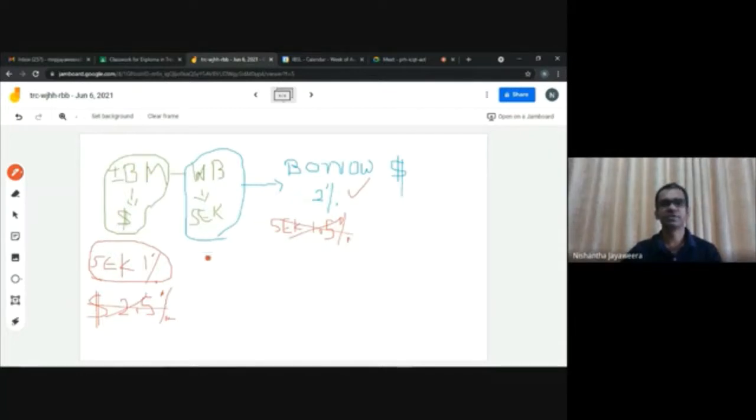So then why don't they exchange these flows, agreeing: World Bank agrees to pay on SEK 1.25%, and IBM agrees to pay on dollars 2.25%.